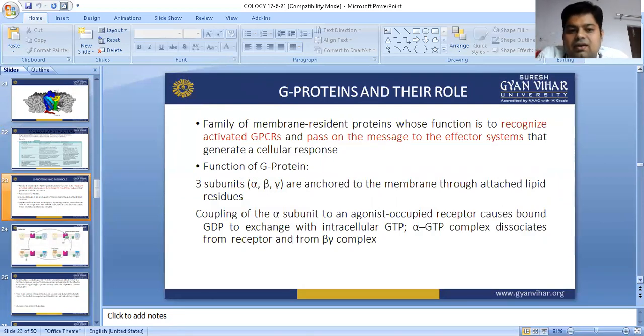Function of G protein: 3 subunits alpha, beta, and gamma are anchored to the membrane through attached lipid residues, and coupling of the alpha subunit to the agonist-occupied receptor causes bound GDP to exchange with the intracellular GTP. What would happen in this channel?